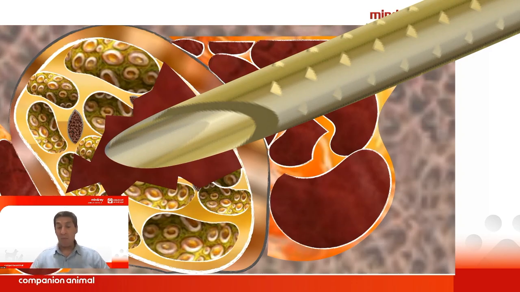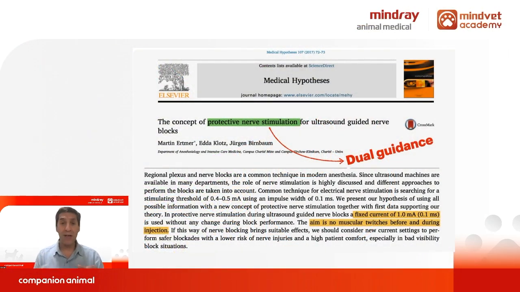In order to improve our precision, we can combine techniques: the blind techniques, nerve stimulators, and ultrasound. That means to be aware of the anatomy, to use our hand to determine the landmarks, to enter the needle with the ultrasound, but use the nerve stimulator to certify in advance the presence or the absence of nerve fibers. The presence, when I want to certify that the dot on the screen is the nerve I am looking for.